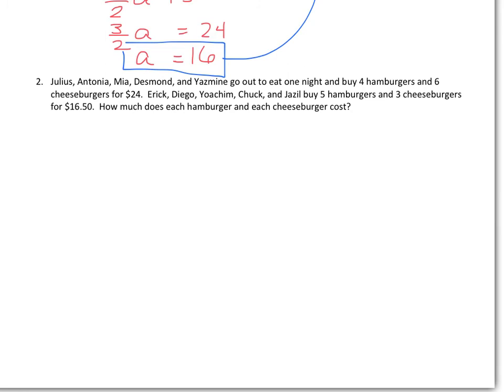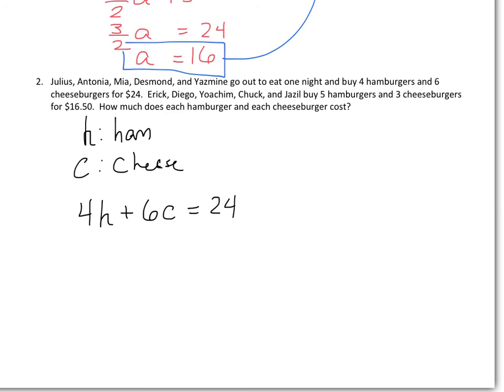So we have hamburgers and we have cheeseburgers. The first group buys 4 hamburgers and 6 cheeseburgers for $24. The second group buys 5 hamburgers and 3 cheeseburgers for $16.50.